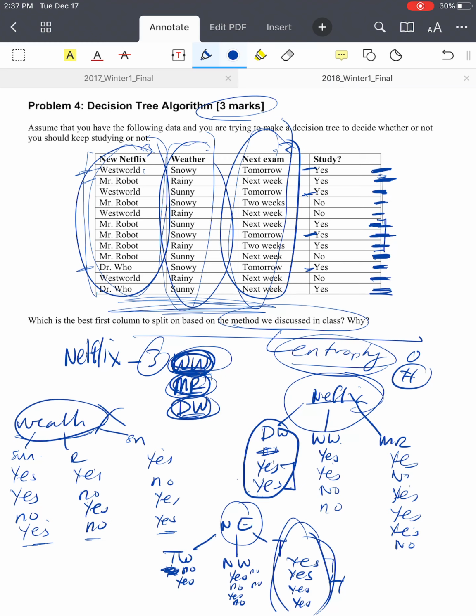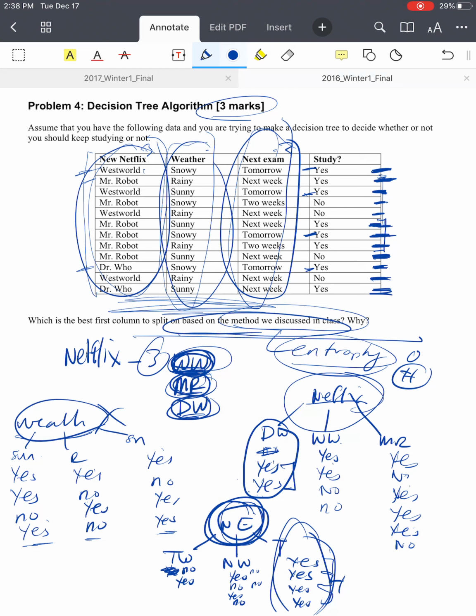Here Doctor Who has 2, and this one has 4. My first intuition is I want to do next exam because it will knock off 4 rows in determining the actual decision tree.